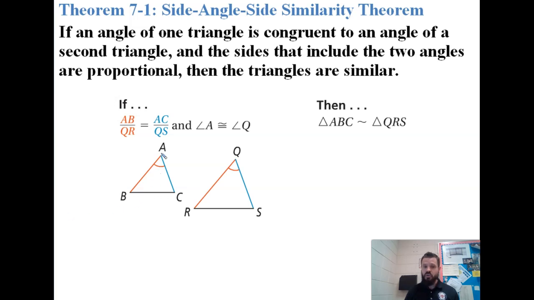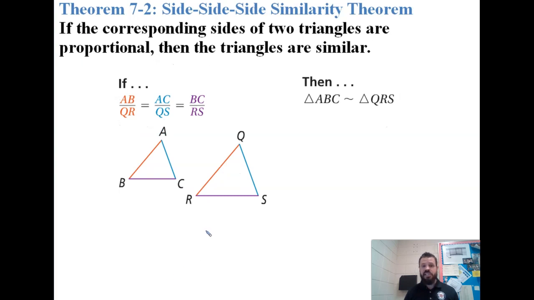So if we have congruent angles, A and Q, surrounded by proportional sides, as in AB over QR is equal to AC over QS, so proportional side, angle, proportional side, SAS, on these two triangles, then we know the triangles are similar. That's a theorem based on the angle-angle similarity postulate. We're not going to worry about proving it here. We'll just use it in the next few questions.